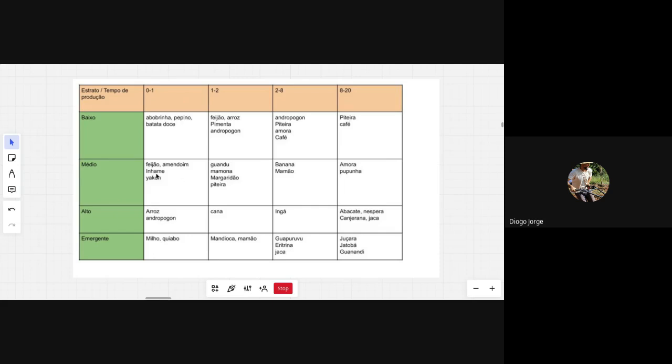So basically, it's this kind of formation that happens in nature, and we mimic it in every moment of the food forest plan. So in what we call placenta 1, this first year, we have a low layer, a medium layer, high, and an emergent one.